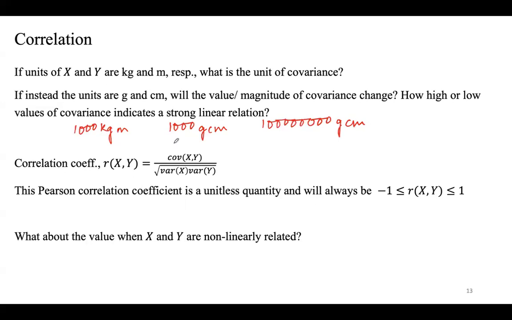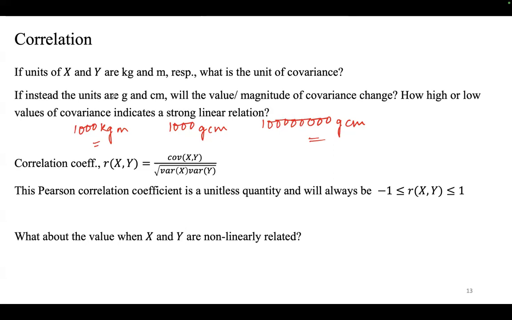Now this expression and this expression are actually the same thing, but by magnitude, this 1000 and this 1000 look similar. Right now, all the examples that we have seen so far, even though we did not calculate covariance, we have only been talking about values, right? 1 by y, 1 by 2, 0.7, whatever. So it is not just enough to look at magnitudes. Maybe you'll need to look at units also.